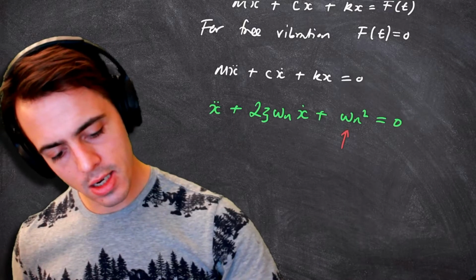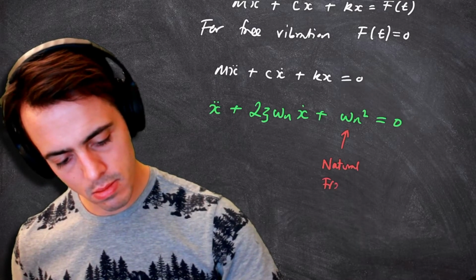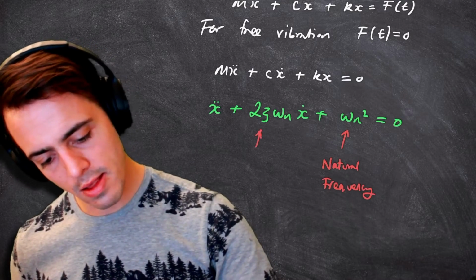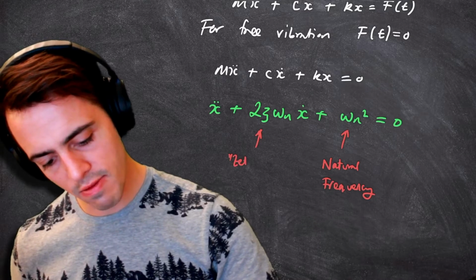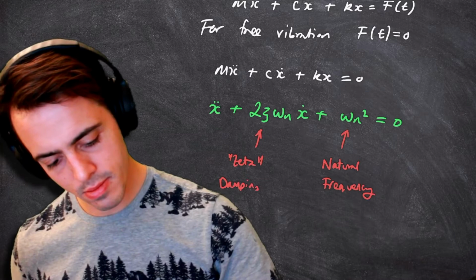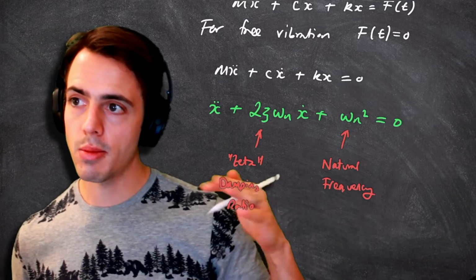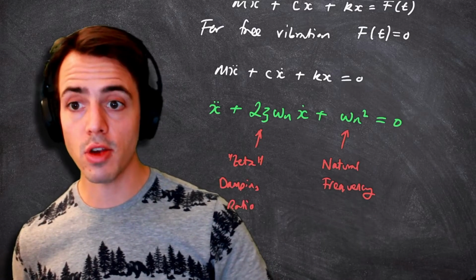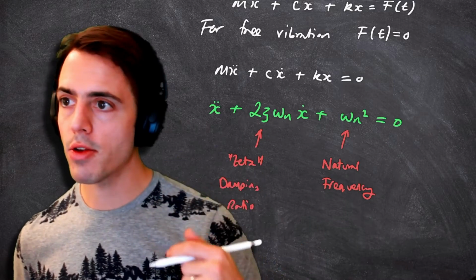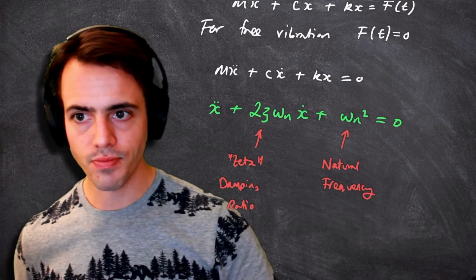So omega n is the natural frequency, and then zeta, I'll make it very clear that's a zeta, is the damping ratio. So the natural frequency determines the speed at which any oscillations occur in the system, and the damping ratio is a measure of how much energy is taken out of the system with every cycle, effectively.